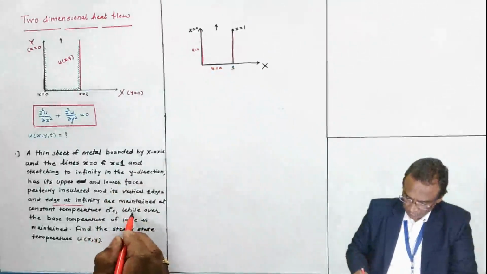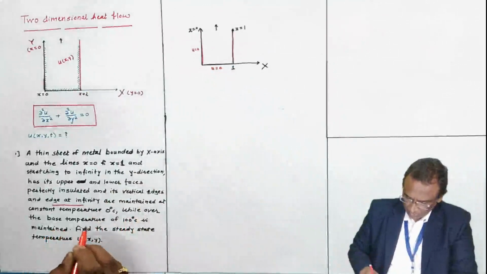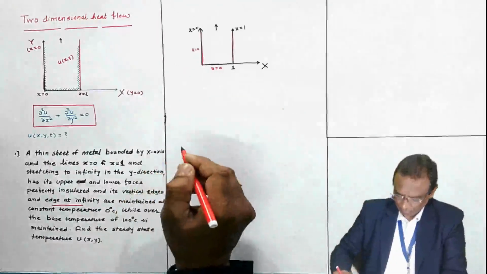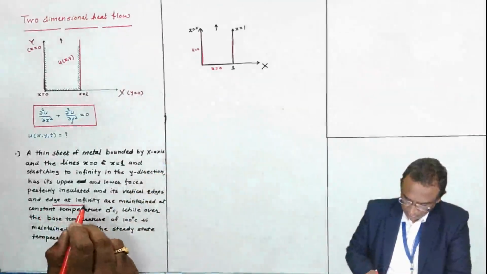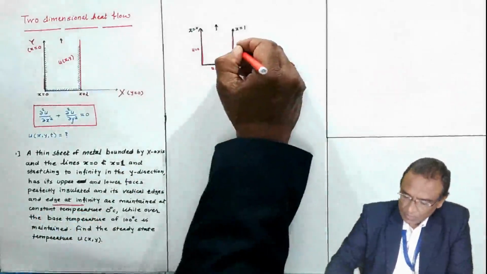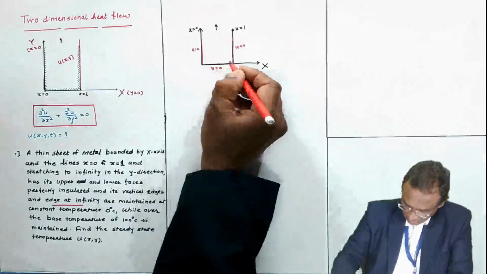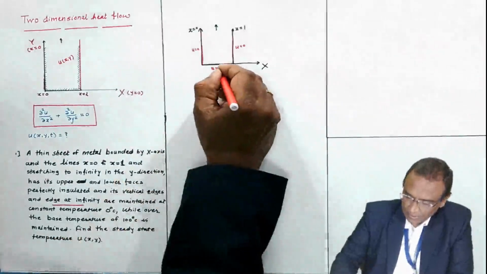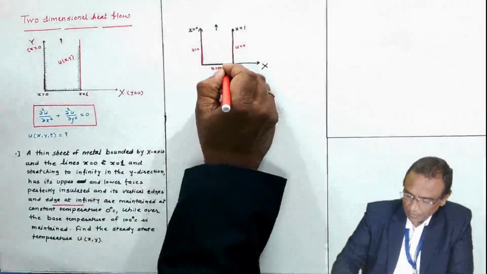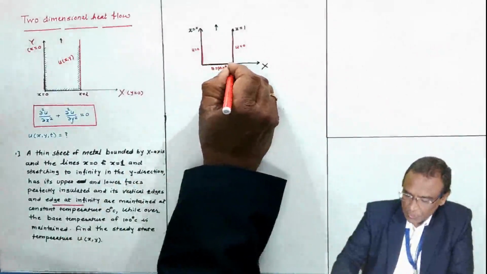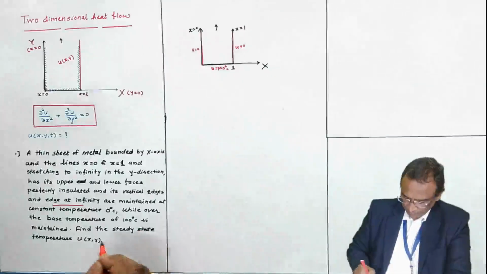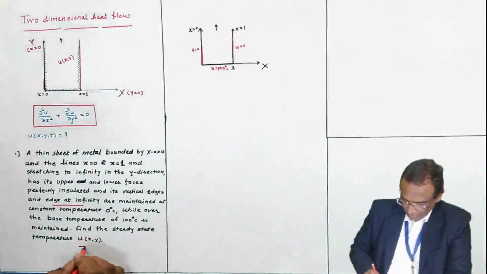While over the base the temperature is 100 degrees centigrade. These edges at infinity and the vertical edges are at 0, and this base edge is maintained at 100 degrees centigrade. Find the steady state temperature.